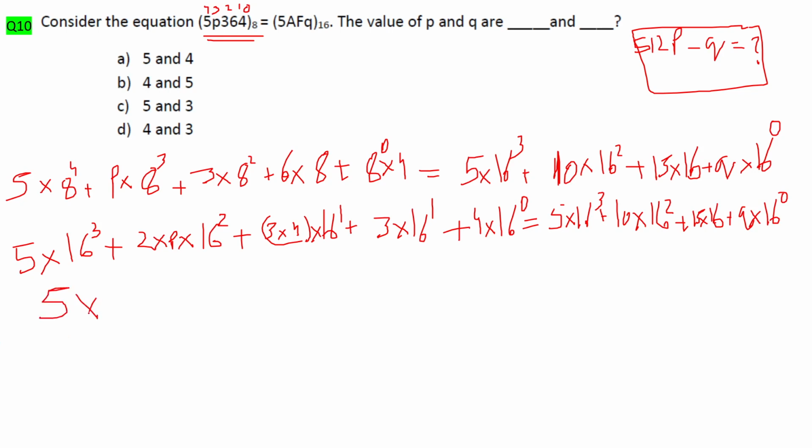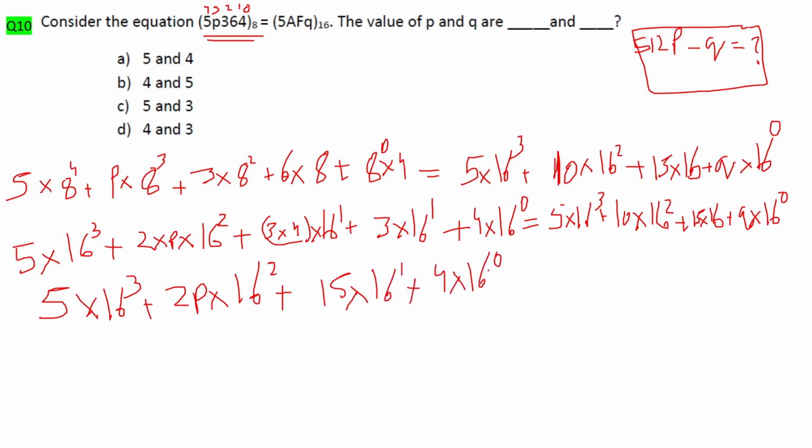Now you write it as 5 into 16 raised to power 3 plus 2p into 16 square plus, this is 12 plus 3, so it is 15 into 16 raised to power 1, plus 4 into 16 raised to power 0, is equal to 5 into 16 cube plus 10 into 16 square plus 15 into 16 and then q into 16 raised to the power 0.